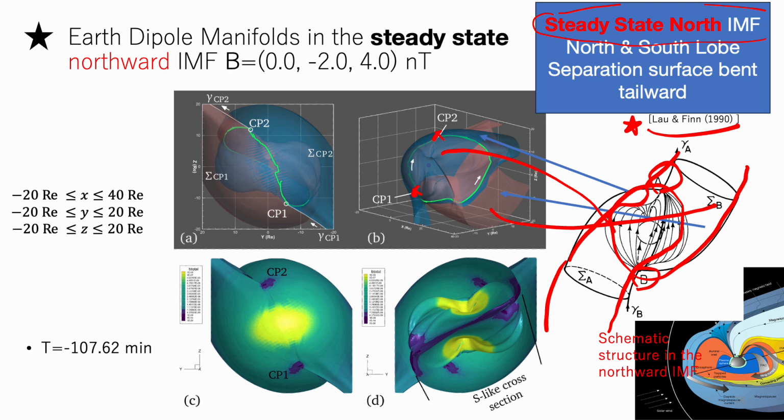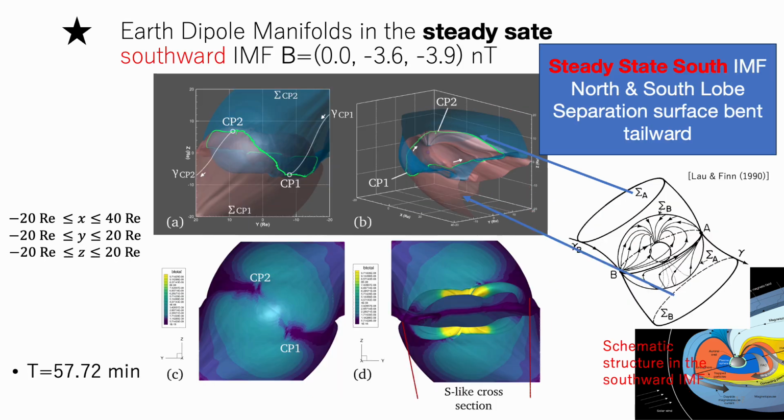However, in the MHD simulation, in our case, this tube is bent. Both bend to form a typical shape of the magnetosphere, like this one. However, they are crossing each other.